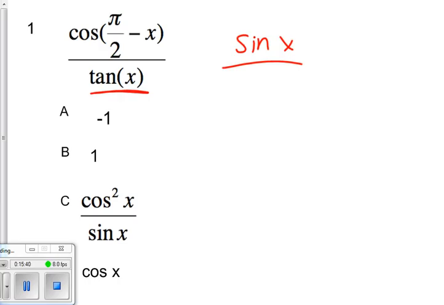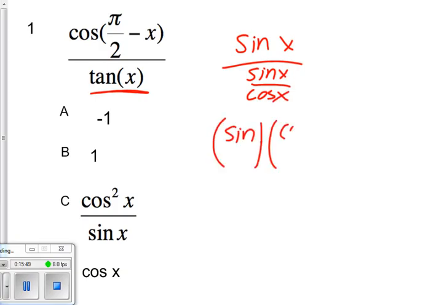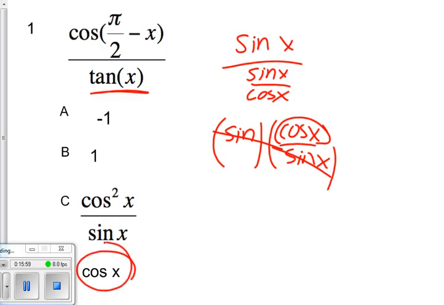Nothing else is being squared, so let's break it up into sine and cosine. If we bring up the denominator, it's multiplying. And we're left with cosine of x. Questions?